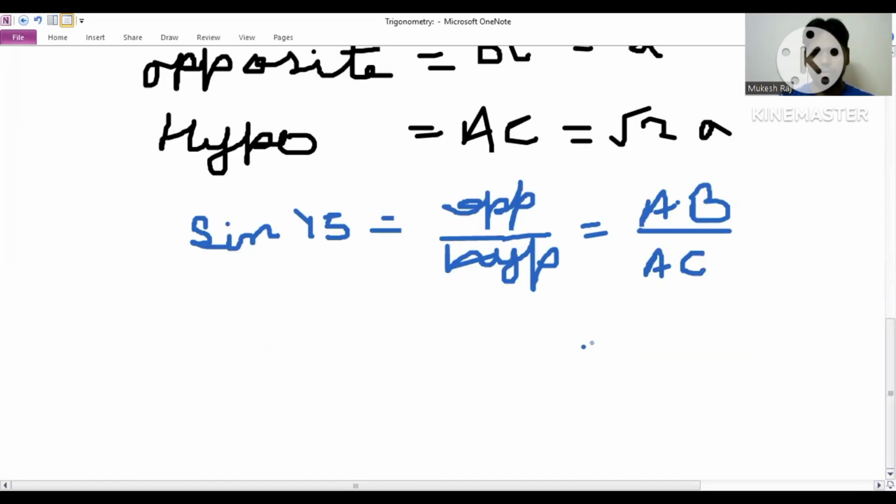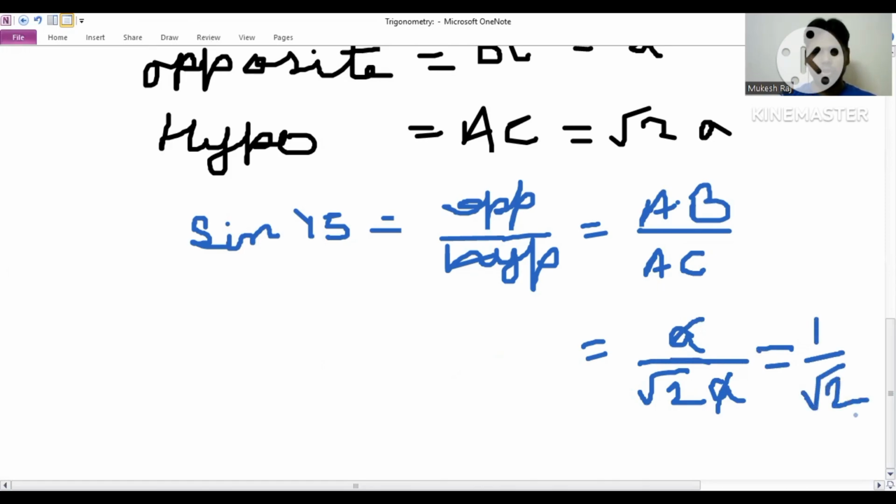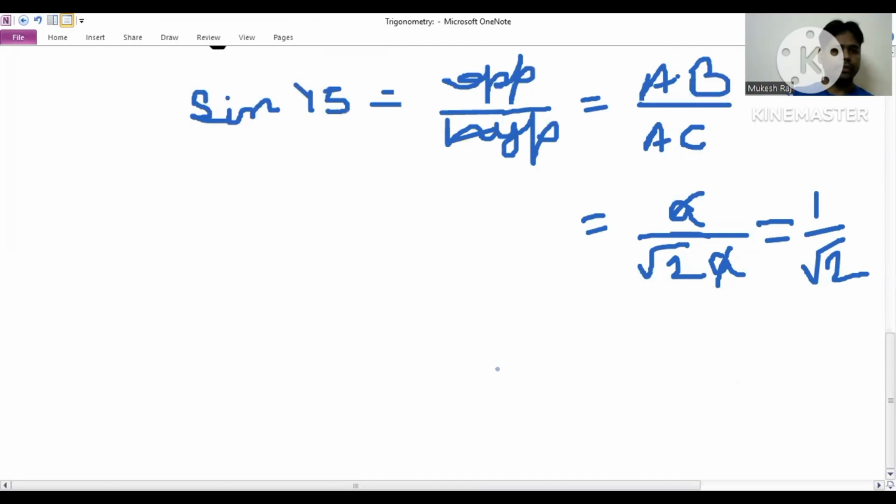So putting the values, it will give you A upon root 2 A, and the values of A will get cancelled, and we will be left with 1 upon root 2. So the value of sine 45 is equal to 1 upon root 2. And likewise, we can calculate the rest of the trigonometric ratios.